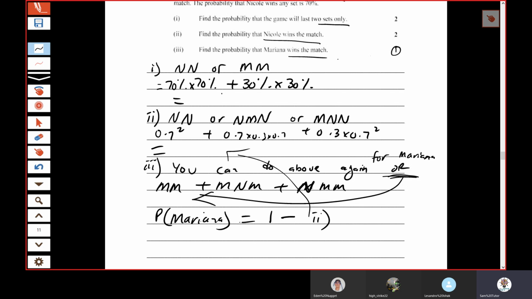That makes sense, doesn't it? You guys were doing the opposites, and you could do the math and it all works out. That's not a problem. Mariana winning means Nicole loses, so not winning. It's the same math, same logic. All right, good.